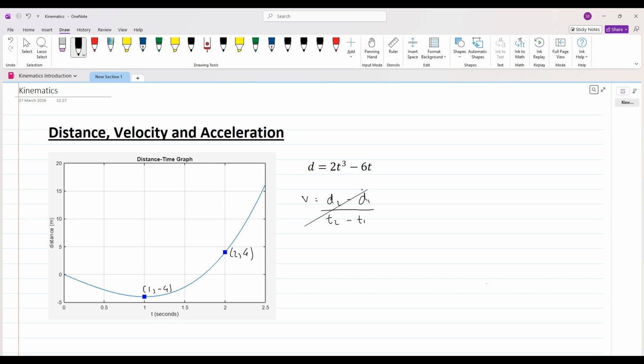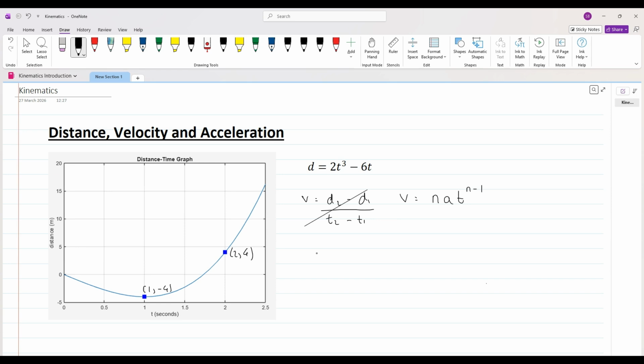I'm assuming that you are familiar with differentiating basic expressions, but all it is is dropping the power by 1 and multiplying the expression by that power. That is, v equals n a t to the n minus 1.